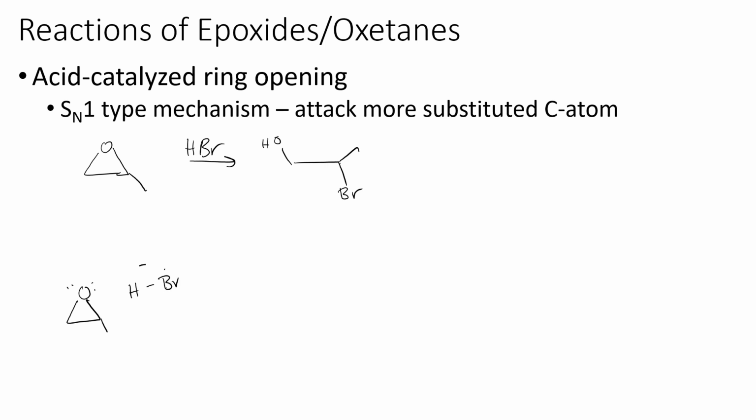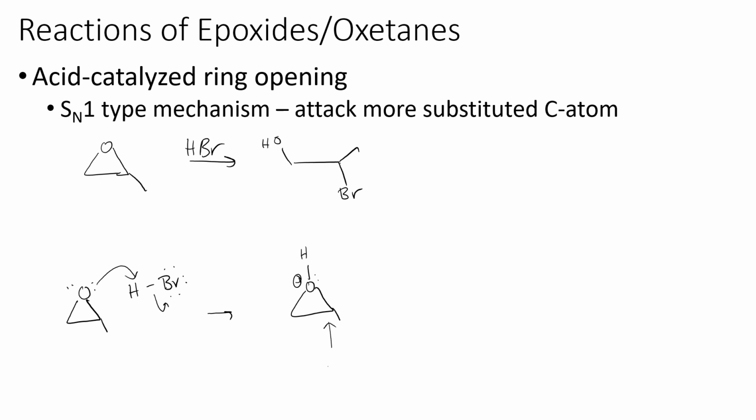So under our acidic conditions with this mechanism, we see a reversal in when we protonate the oxygen, and that's really what's going to change for us why we see SN2 versus an SN1 type mechanism. So through this protonation, we start to see the bond being broken between the oxygen and the carbon atom that is more substituted.